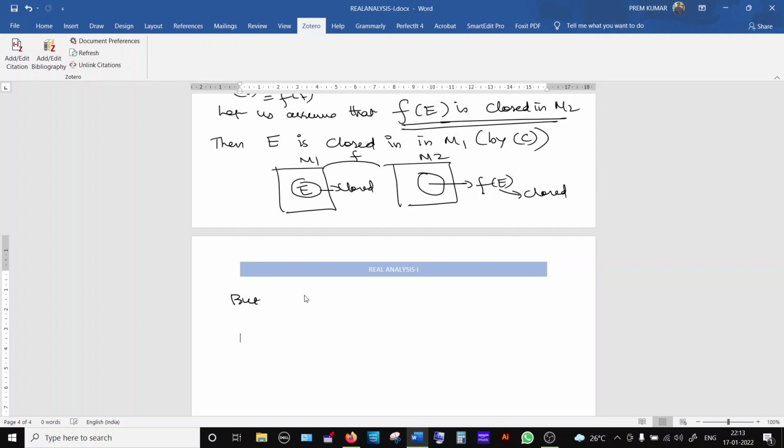Now this set E can be written as f inverse of f of E. This is using the function properties; we know these things.